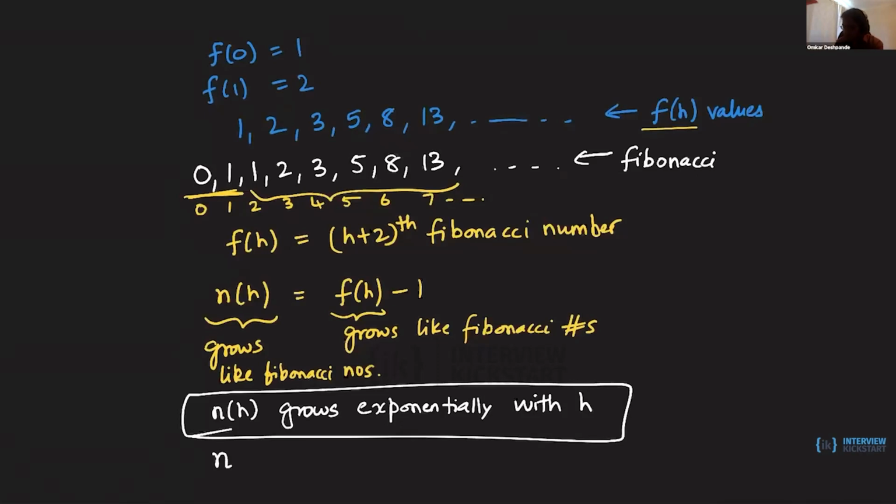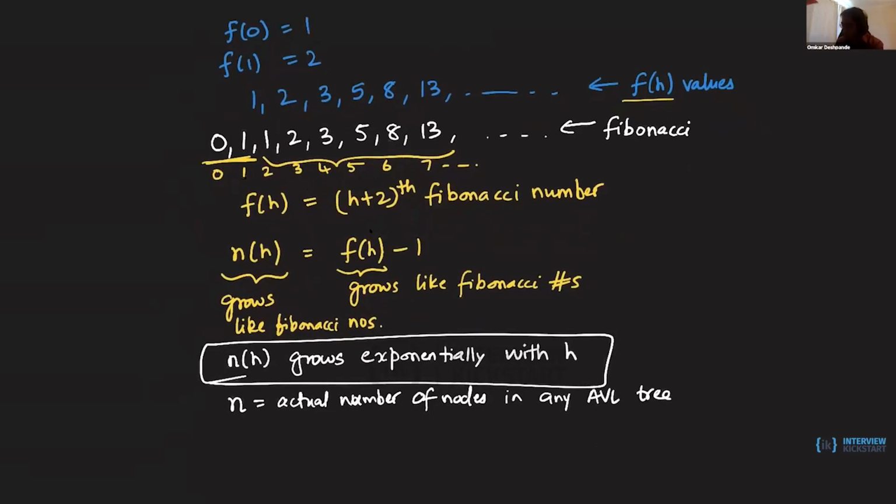So the actual number of nodes in any AVL tree of height h will obviously be greater than or equal to n of h.